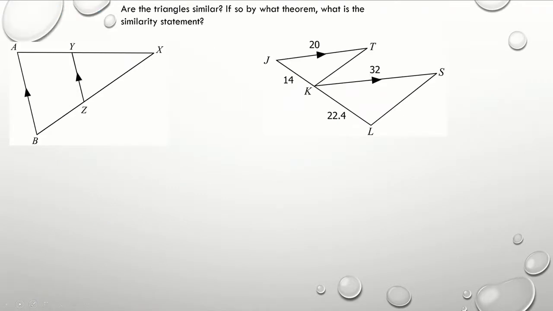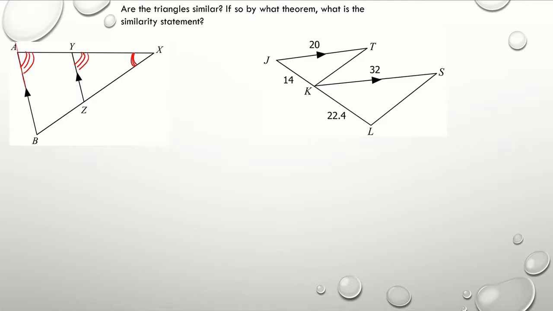Alright, so last set of problems. We have parallel lines there, and right off the bat, this angle is being shared. So here are my parallel lines, and I have my transversal there.